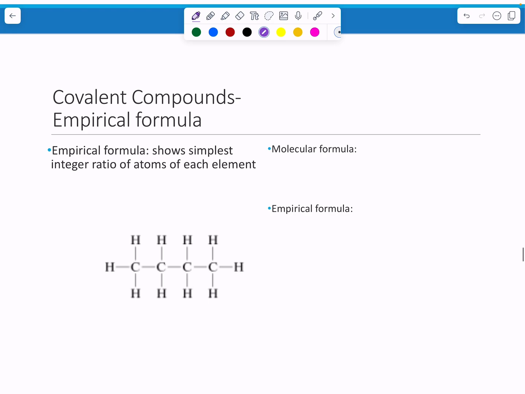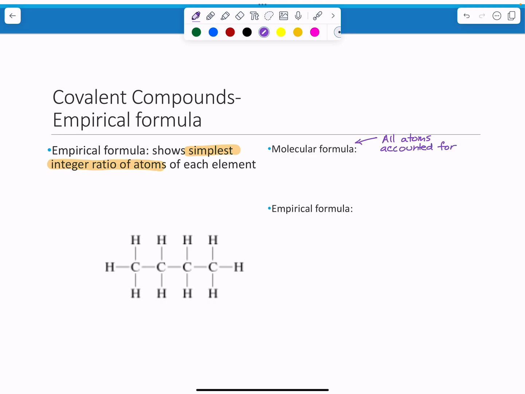All right, so that is the molecular formula. And as I've said before, an empirical formula is the simplest integer ratio of atoms of each element. We're going to start with this compound shown on the screen and write the molecular formula, which accounts for all atoms.